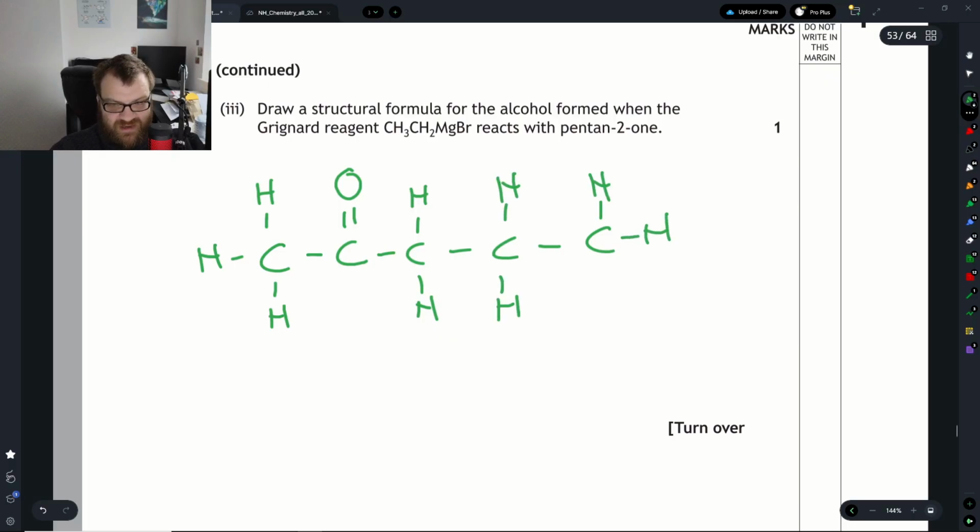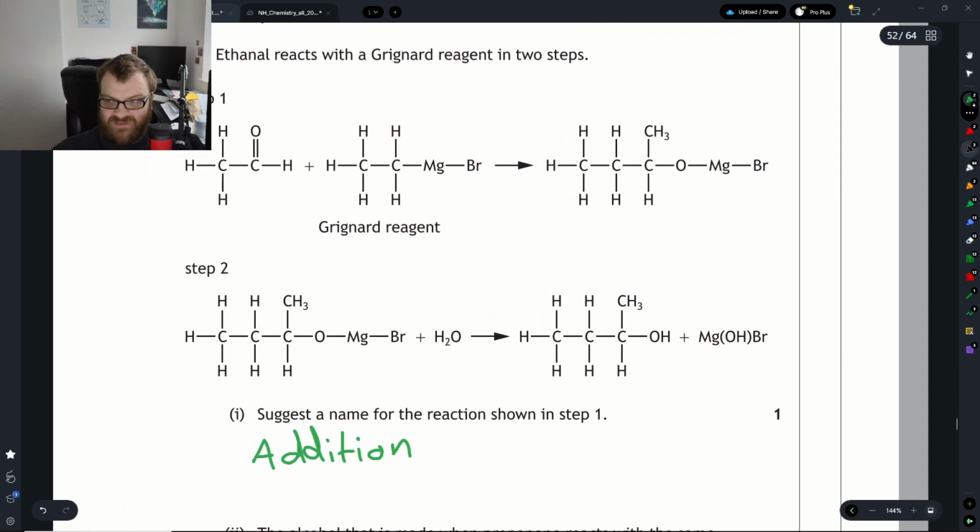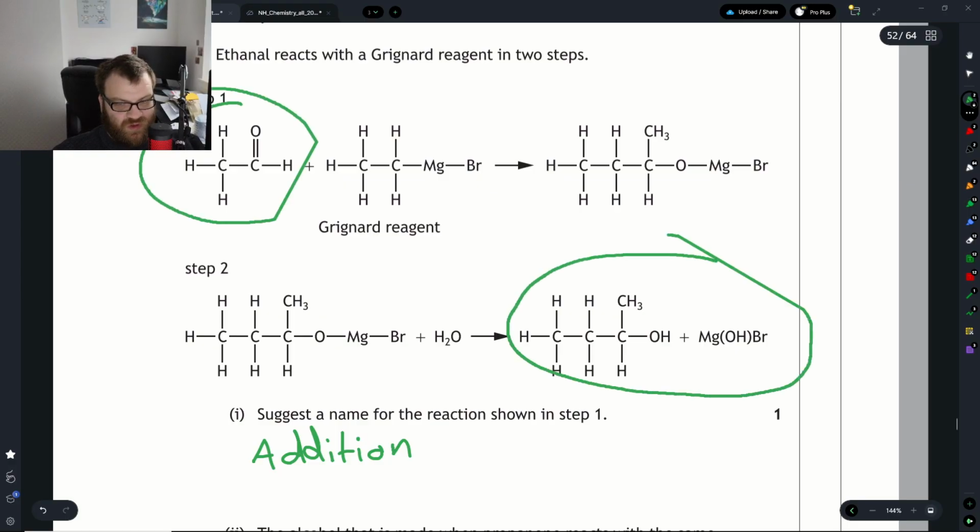Let's investigate again. I think I know what's happening, but let's double check what happened up here. The first thing we need to do, that double bond O is now going to break, and it's going to allow however many carbons here to join on. When we're looking from the start to the end, what is different now? We've added on an extra carbon.